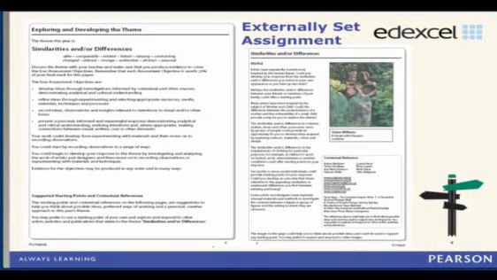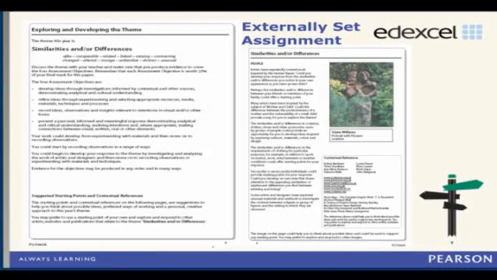Further on in the paper, under each there's a series of headings, and the idea here is to open up that broad headline theme by thinking about a focus that you might have for your preparatory study and for your final outcome.